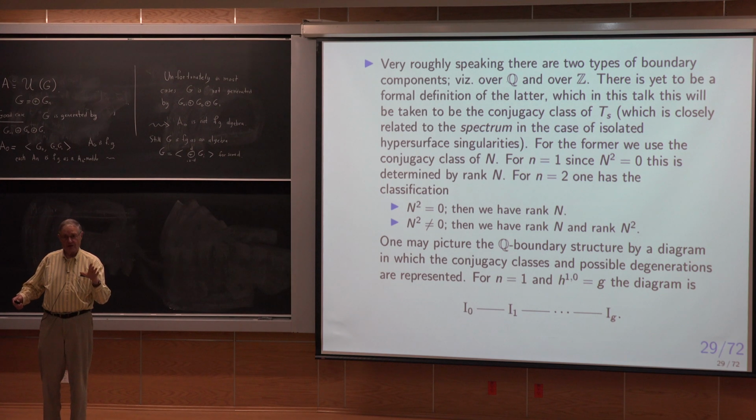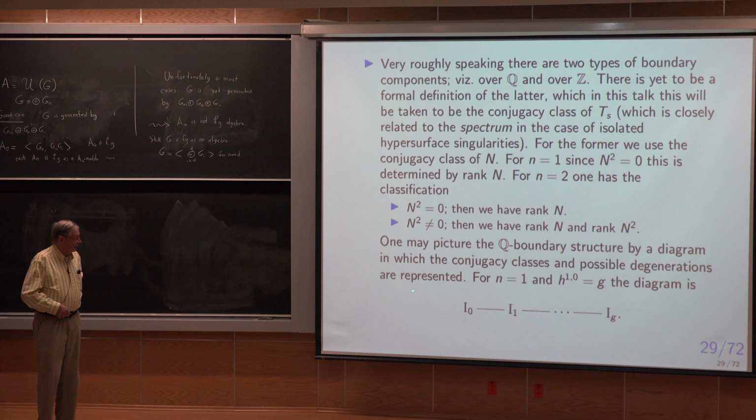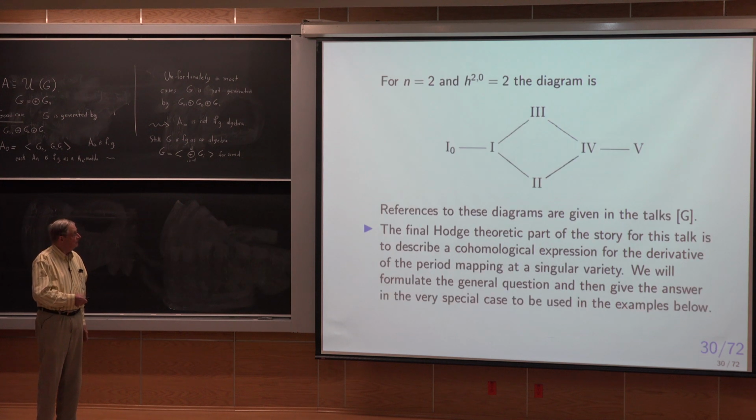It's that picture of the genus 2 curves that I put up earlier. Hodge theoretically, this is the picture that's drawn. No singularities, 1 double point, and so on, up to G double points. So that's how the limiting mixed Hodge structures get organized for weight 1, for Riemann surfaces.